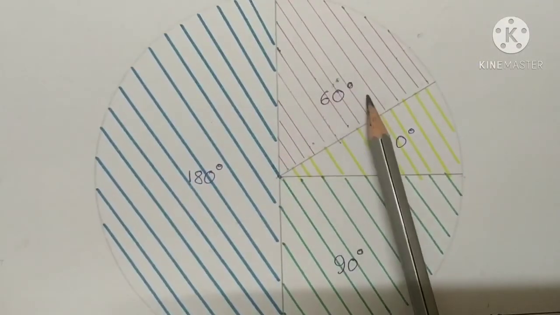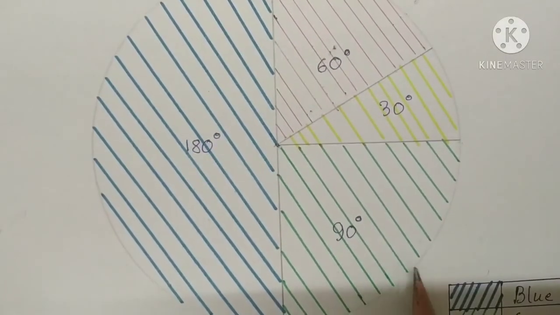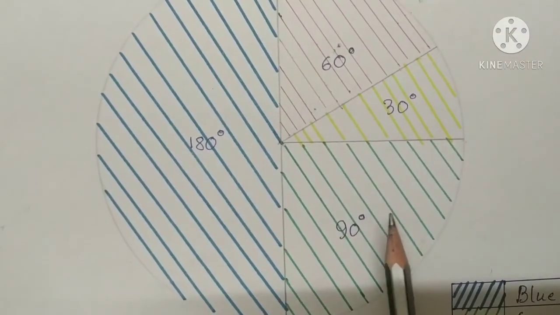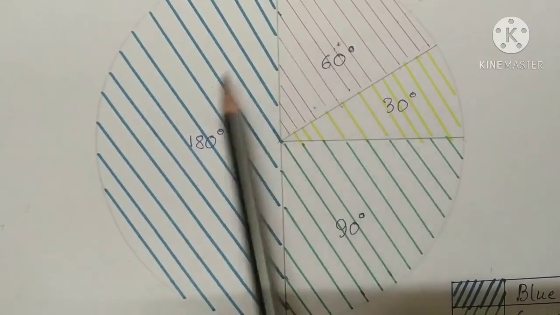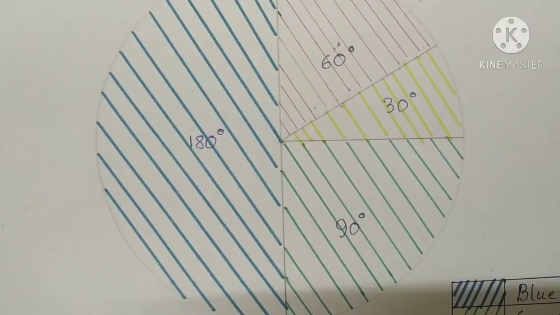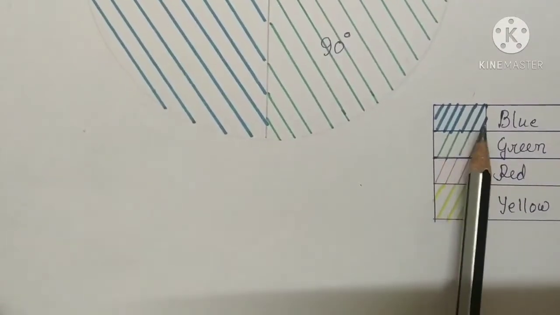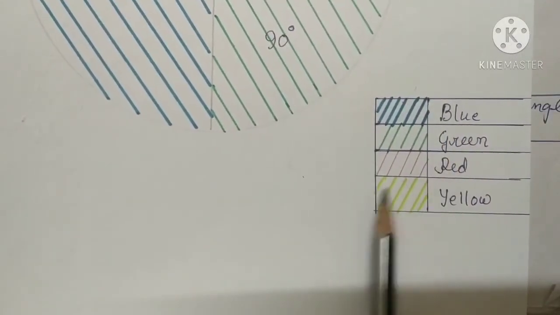Similarly for red, I have colored it red, here yellow, and here green. It's your wish: if you do not have colors at the time of the exam, you can use different symbols with a pencil for the different parts. I have also given information here, like this is blue, this is green, this is red, and this is yellow.